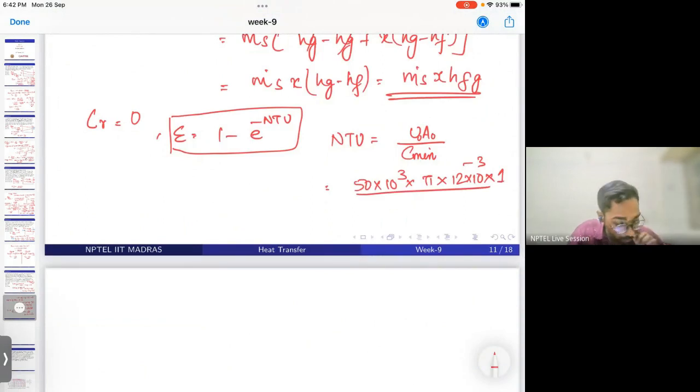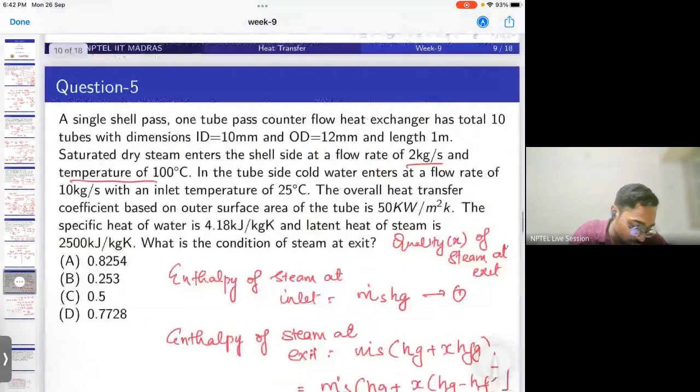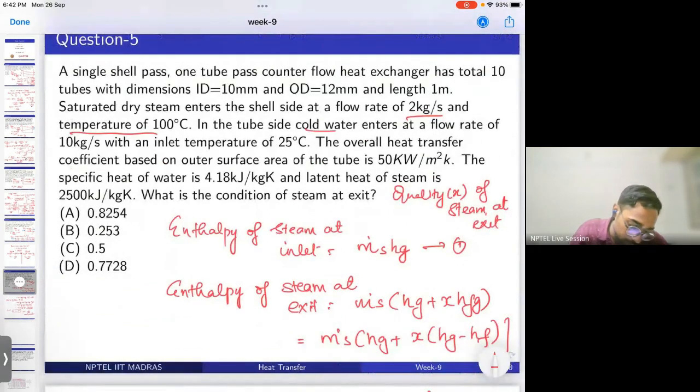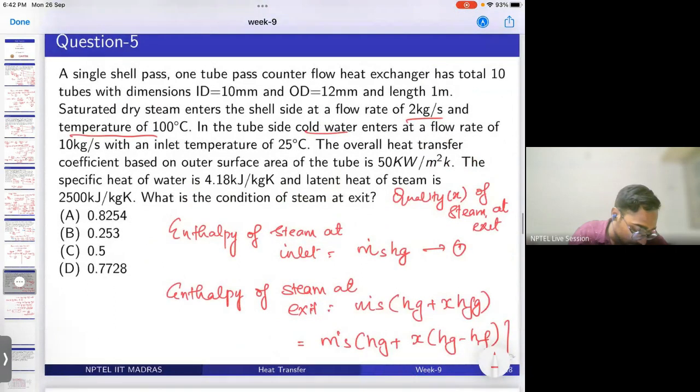Divided by C min, that is the mass flow rate times the heat capacity of the cold fluid, which is water.